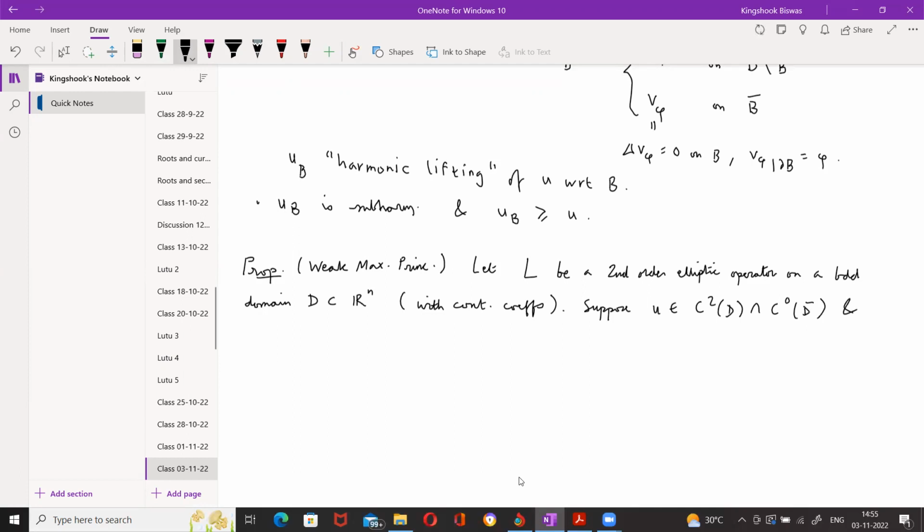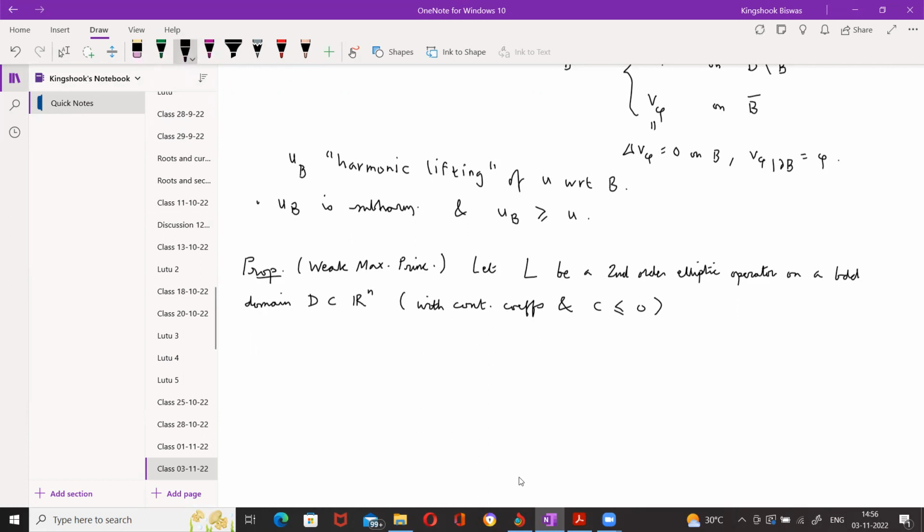So let me just make one hypothesis, which is continuous coefficients, and the zeroth order coefficient c is less than or equal to 0. Okay, that we need.